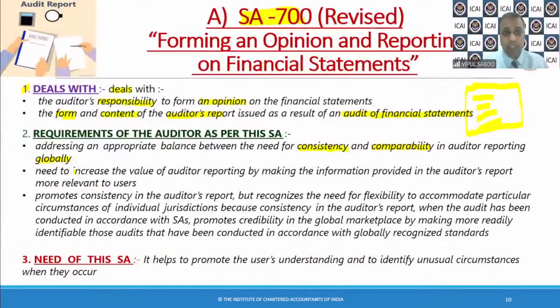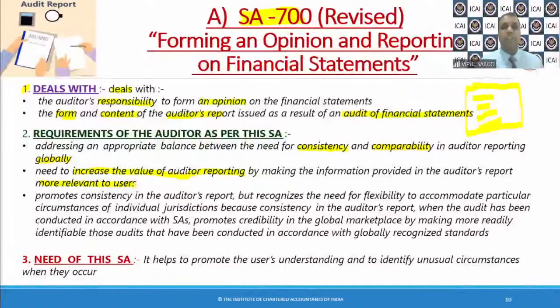We need to increase the value of auditor reporting by making the information provided in the auditor report more relevant to the users. That is why the concept of key audit matters was introduced. So we made changes to the audit report and we wanted that the auditor should provide us something extra. The marginal utility got increased.